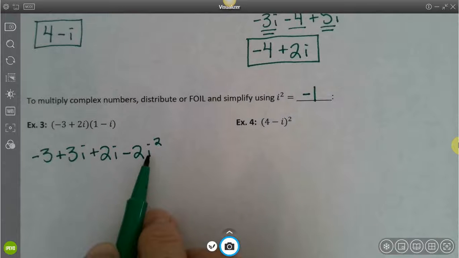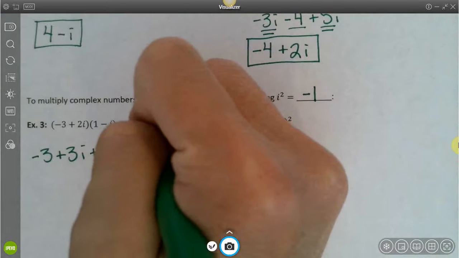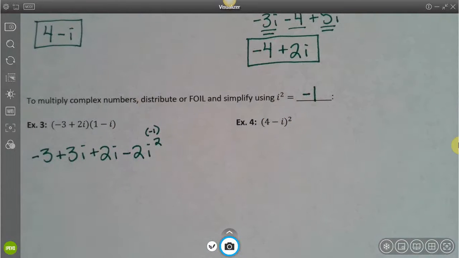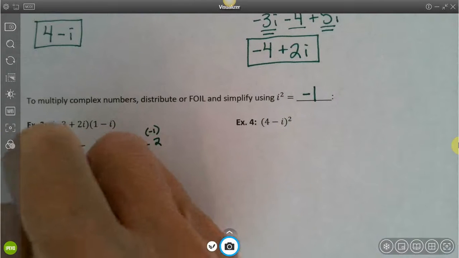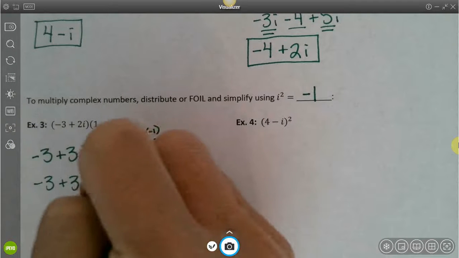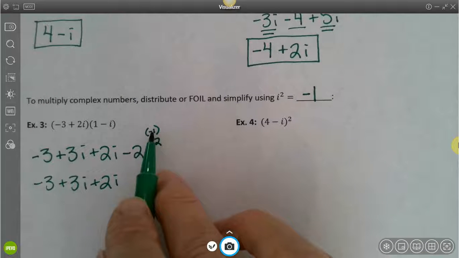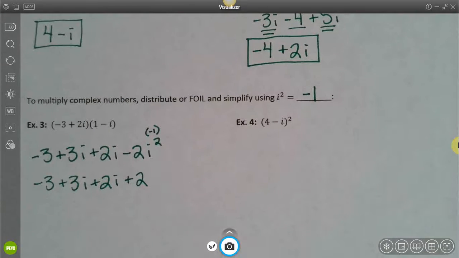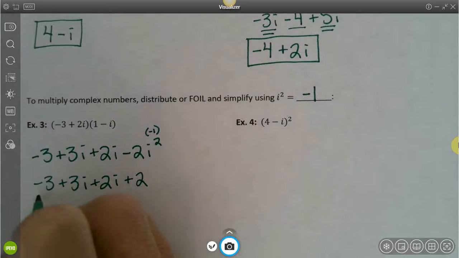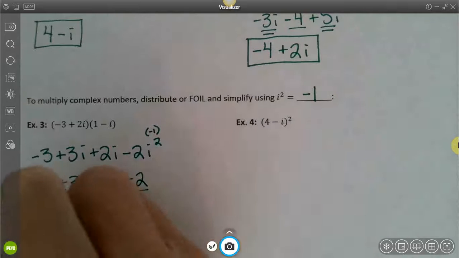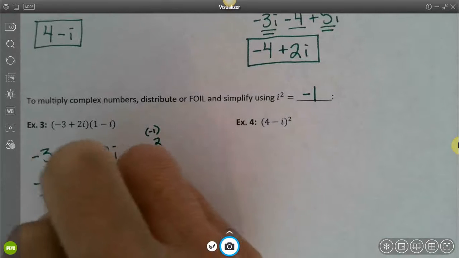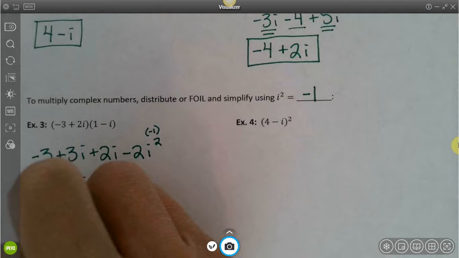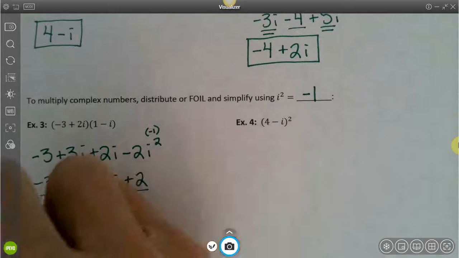And then remember we said we always want to think of this as a negative 1, which means we really have negative 2i times negative 1, the real number of positive 2 on the end. And now we're just back to combining real parts and imaginary parts. So negative 3 plus 2 is negative 1, and 3i plus 2i is 5i.